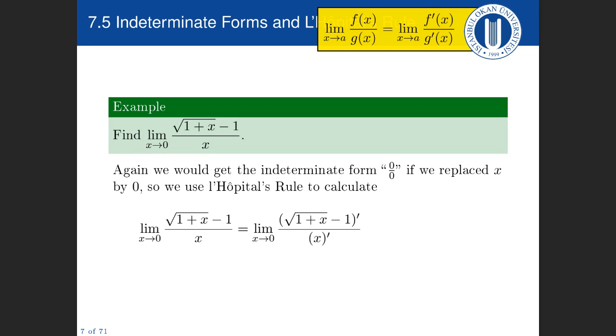L'Hopital's rule says we can differentiate the function on the top and differentiate the function on the bottom, and the limit does not change. So our limit is the same as the limit as x tends to 0 of the derivative of square root of 1 plus x minus 1 divided by the derivative of x.